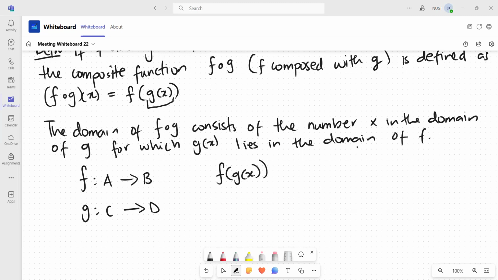So it is in the range of g that goes into f, and only the parts that are suitable, because the domain here is not necessarily the same as what you have over here. So if your output here gives you some numbers that do not work for this function, let's say, for example, this one is a square root function, square root of x, and this one here, you just have x plus 1.